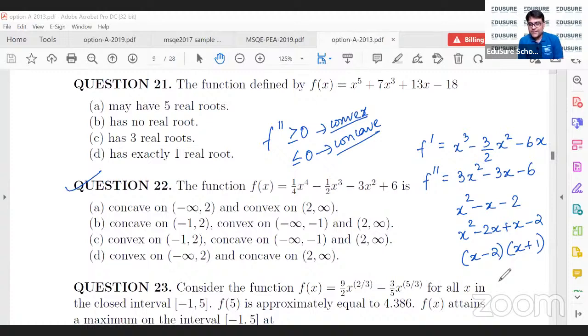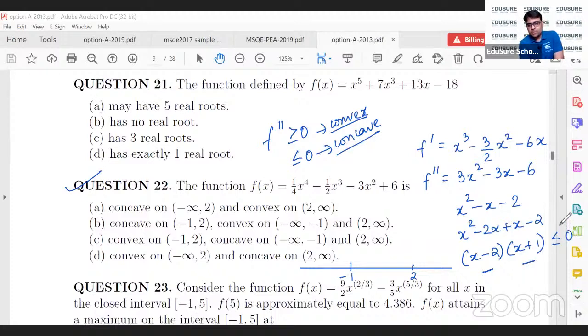Okay, this is what I'll get. Now, this will be less than equal to 0 when? Just make the real number line. Minus 1, 2. When x is less than minus 1, both will be negative.